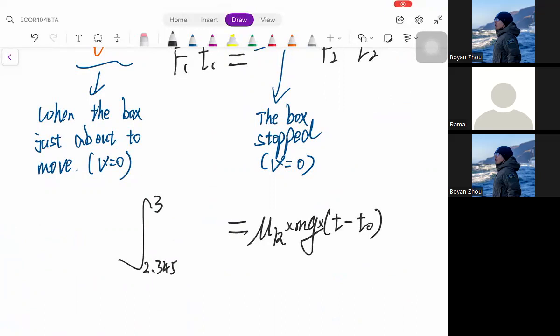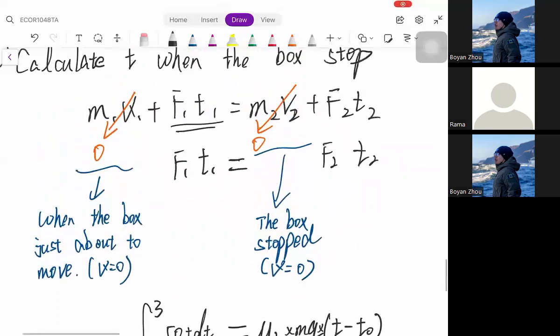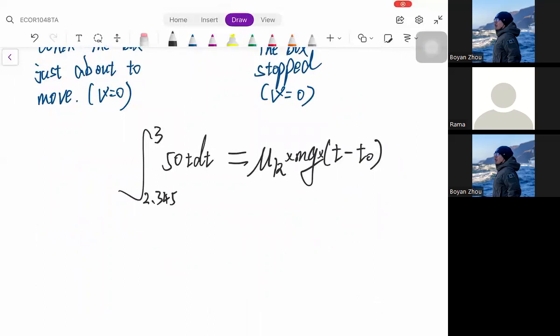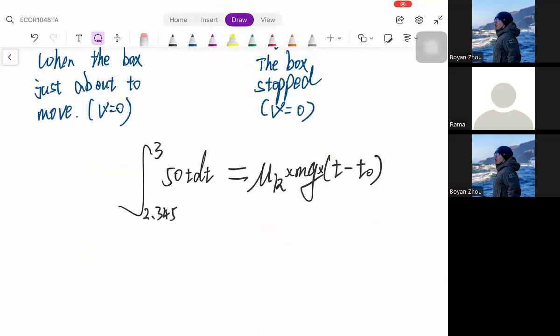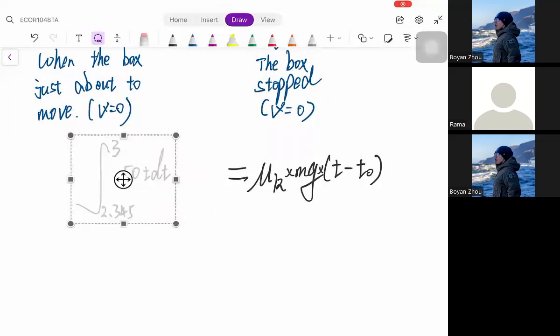So from 2.345 seconds to 3 seconds. And then it's 50 dt. Yeah, that's it.